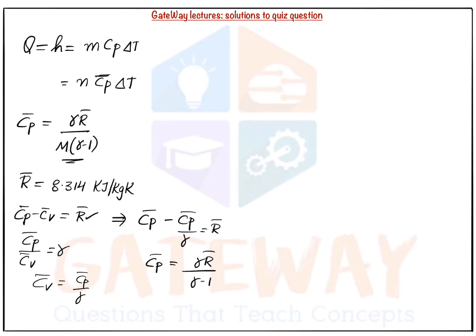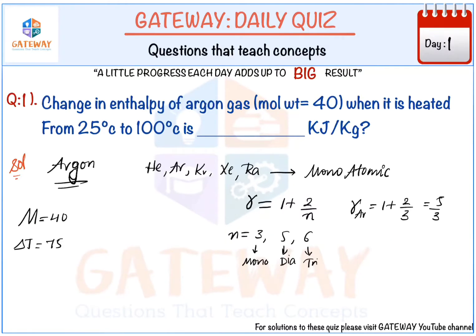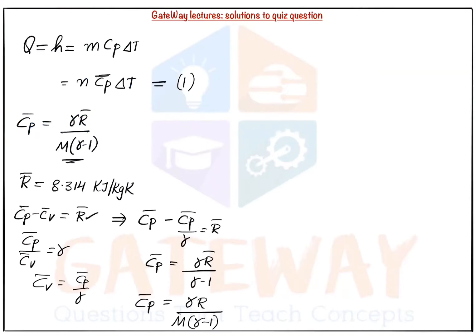And how do we write R bar? So Cp bar is equal to gamma R upon m into gamma minus 1. So we substitute that here. n is 1 because in the question they did not ask about how many moles, but they gave 1 molecular weight.